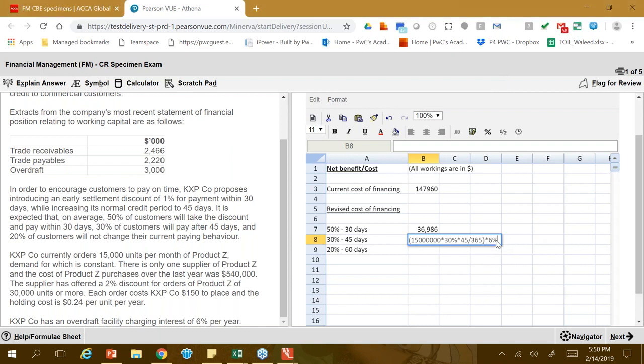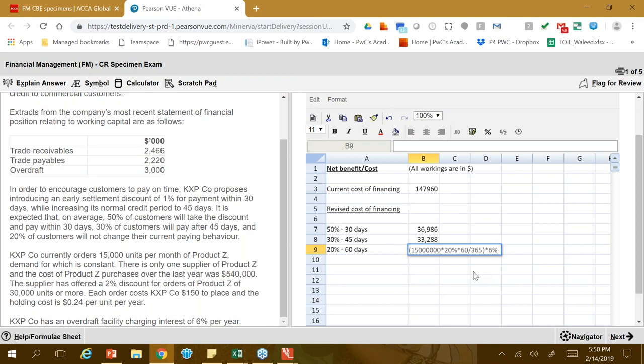And the next thing is the 20% customers who take 60 days. So 15 million, 20% customers, they take 60 days over 365 into the 6%.